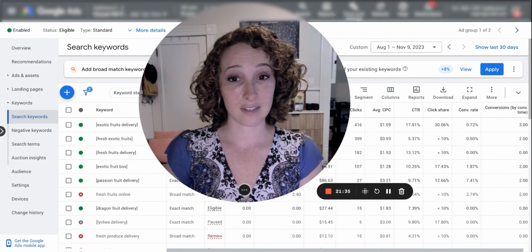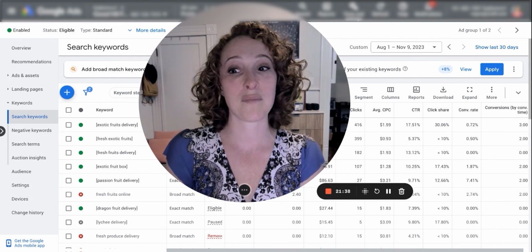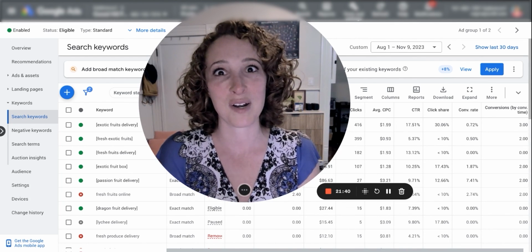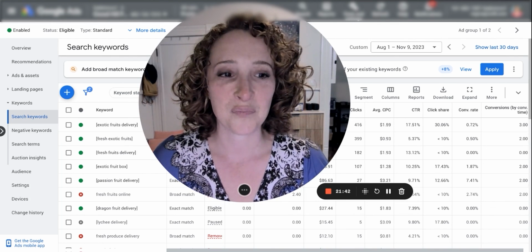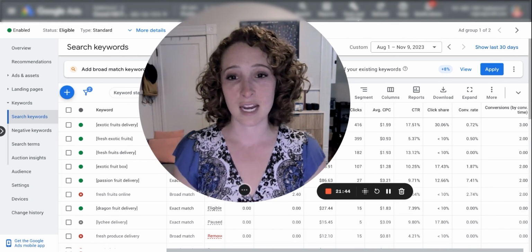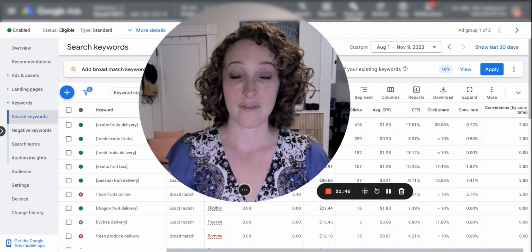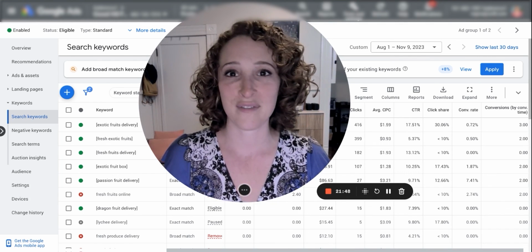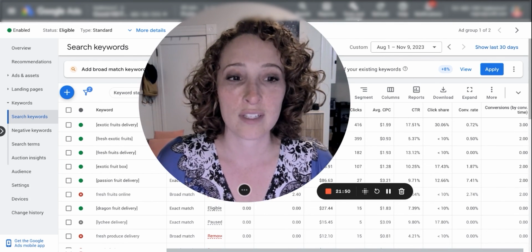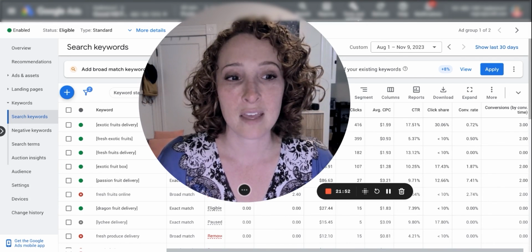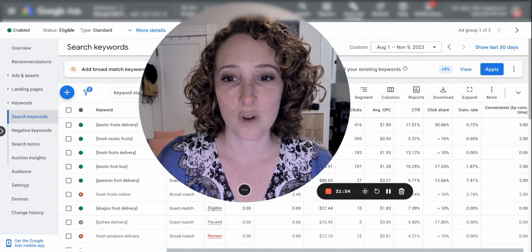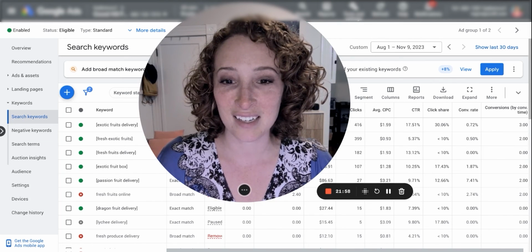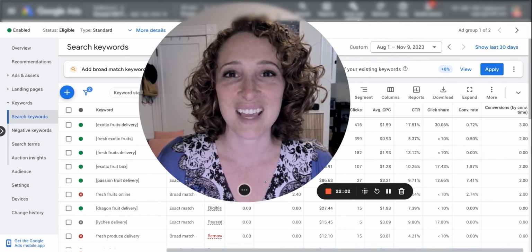Or like we just discovered, how the algorithm is just ignoring parts of the keyword that are the most important part, like the word fresh, because oftentimes the data isn't super conclusive. And so you have to take some chances. But I think that with the data we found, we are using some education backed guesswork here, and I'm going to pause it and we'll see how it does. Okay, thanks for watching.